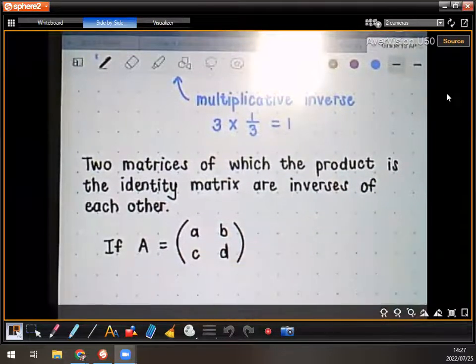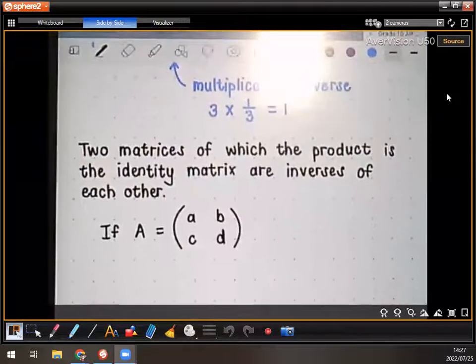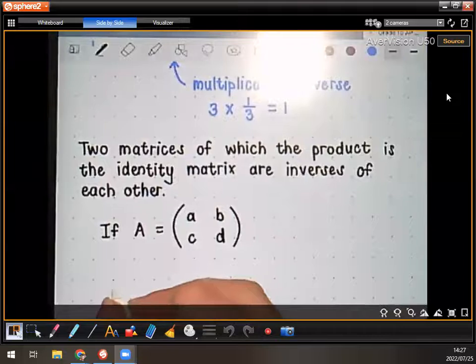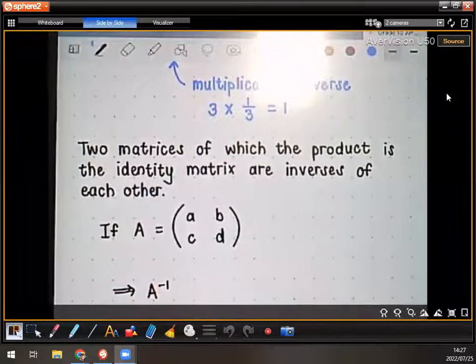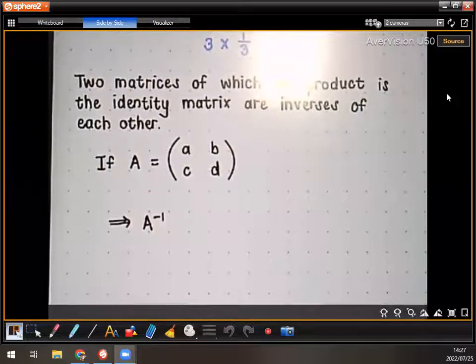So don't worry about what happens next year. If A is this, then, and now guys, the notation for inverse is whatever the name of your matrix was to the power of -1.